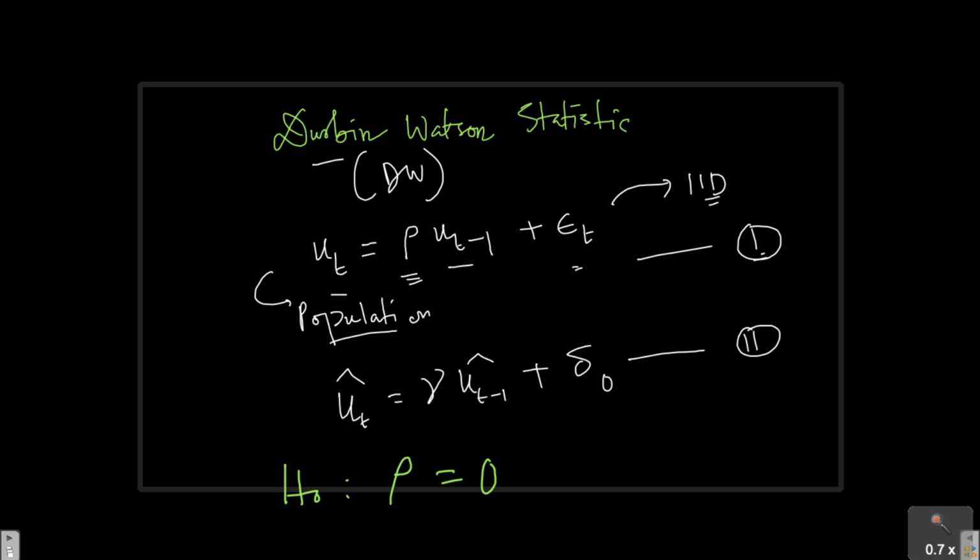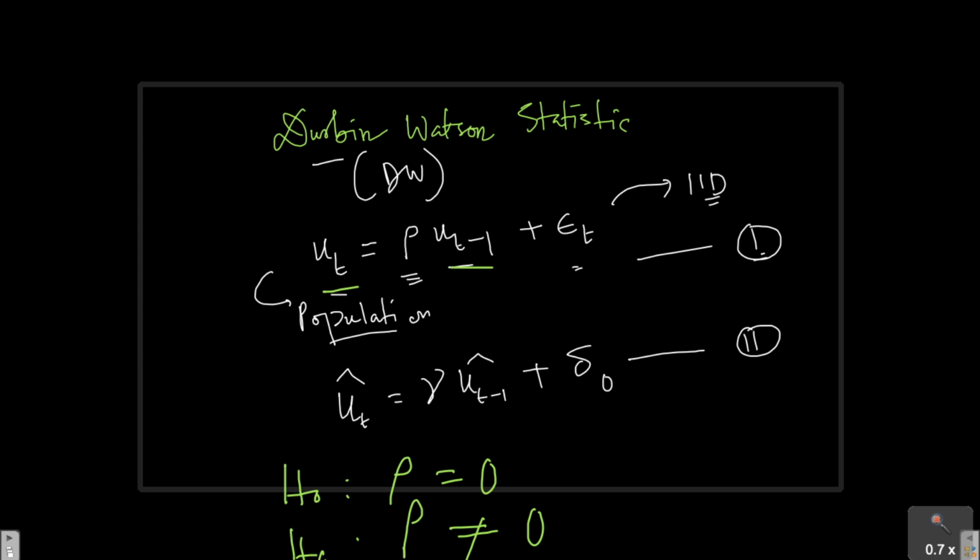But if there is autocorrelation, then the alternative hypothesis HA is going to be rho not equal to 0. I'm not saying rho has to be greater than 0 or less than 0. As long as rho is not equal to 0, the two period errors are either positively or negatively correlated, but there is some correlation, and that means there is autocorrelation. So that's going to be our null and alternative hypothesis.